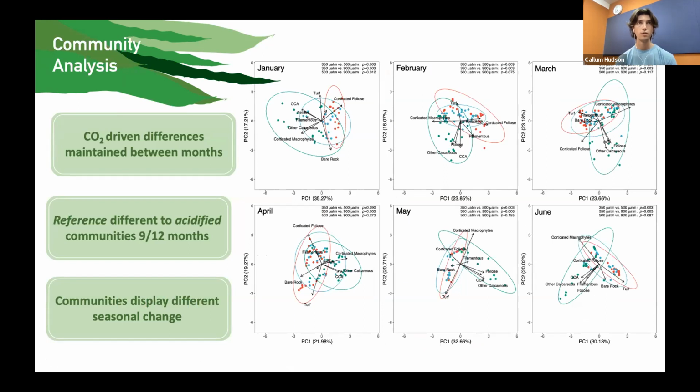So for example, for 9 of the 12 months of the year, the composition of the communities at the elevated and high CO2 sites did not significantly differ from one another. It's just suggesting that they were changing and responding to environmental change in similar ways, but they each themselves differed significantly from the reference or modern day communities, which were associated with different functional groups. So more macrophytes, foliose algae, CCA and other calcareous forms of algae.